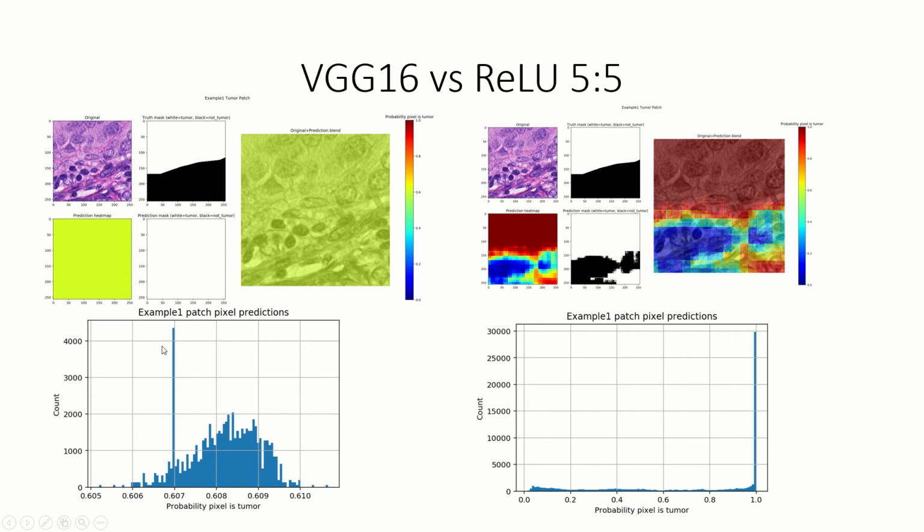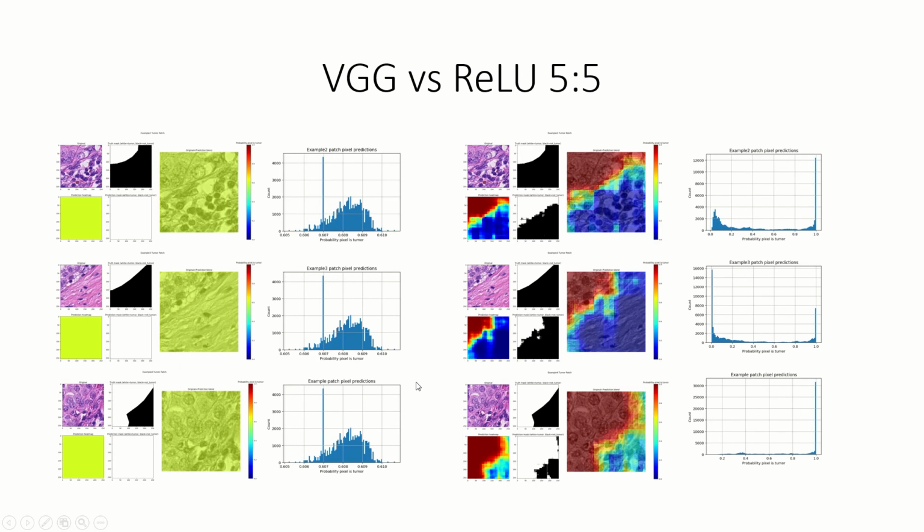I suspect this is due to just two convolution layers getting fine-tuned, and I think that was the issue, because they all have a similar bell-shaped curve. They're not identical, but they all have it, and it doesn't really predict well.